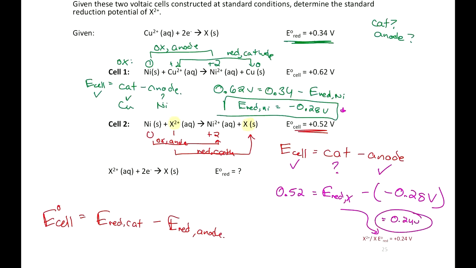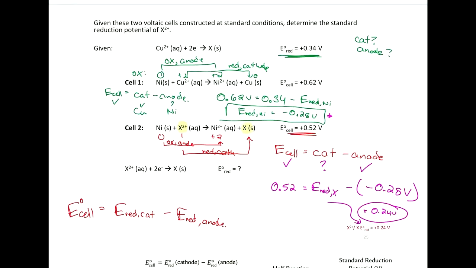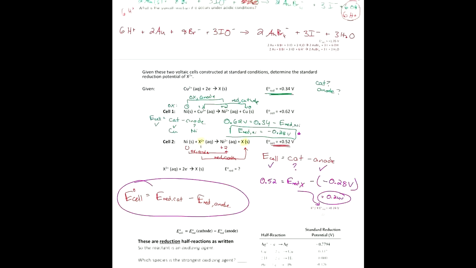That is how we can get everything to match the experimental measured cell potential using that voltmeter. Nickel was used in two different places, so we were able to carry that over to the second cell to figure out what that missing piece is. So again, we are just using this equation: cell potential is equal to cathode minus anode, both of them in the reduction form.